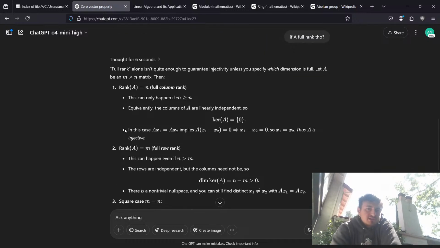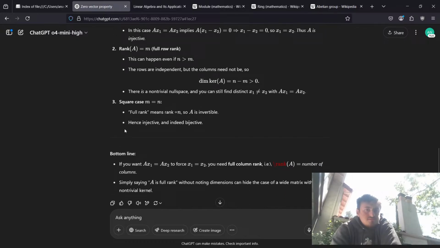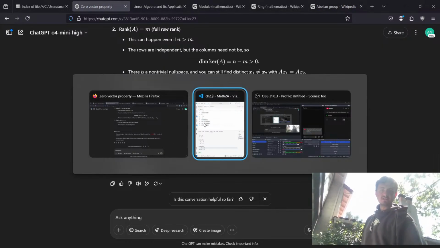Okay, yeah, so I was assuming square. So we're building up to all this injectivity stuff.